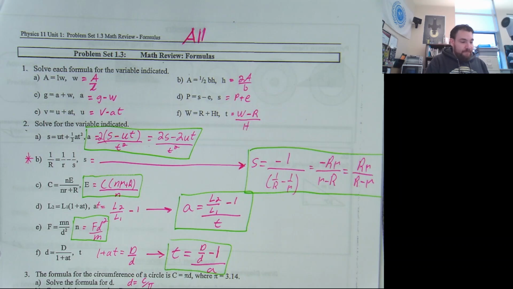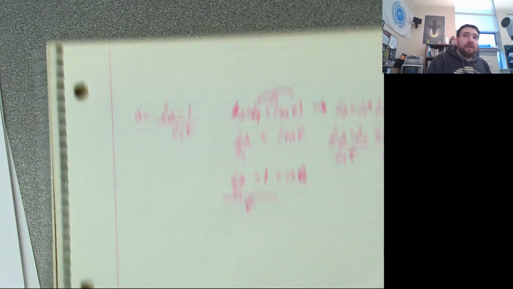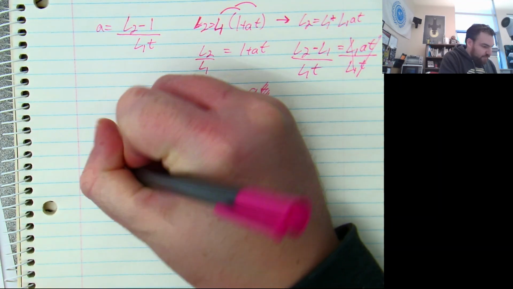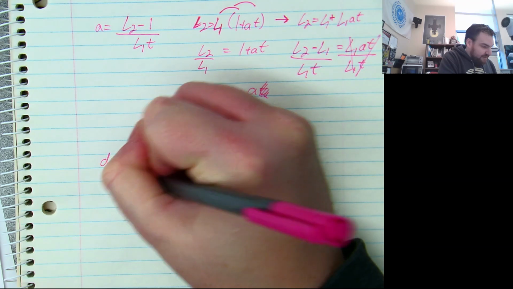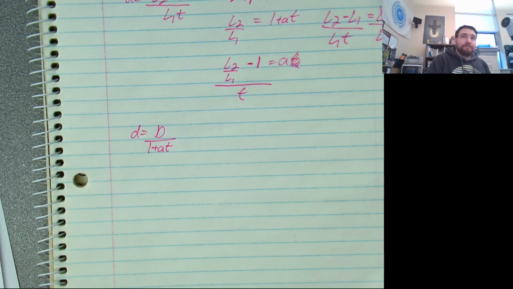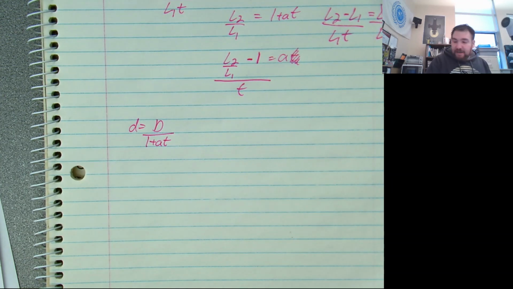Yeah. Okay. D equals D over 1 plus AT. And we want to solve this thing for T. Okay. There's a couple ways you can start this.